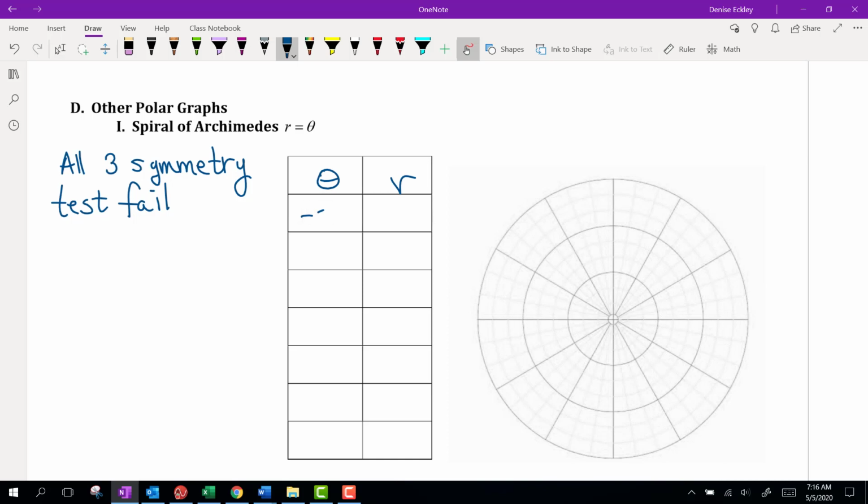So I'm going to do negative pi over 2, 0, pi over 2, pi, 3 pi over 2, and then 2 pi. So I am going to start here. Wait, I guess it helps if I put the values in.